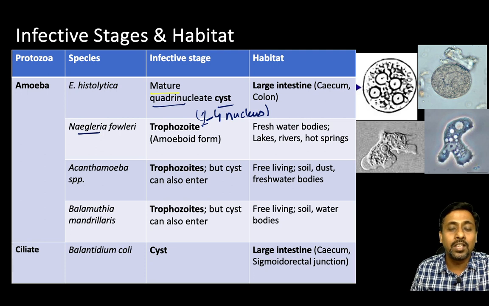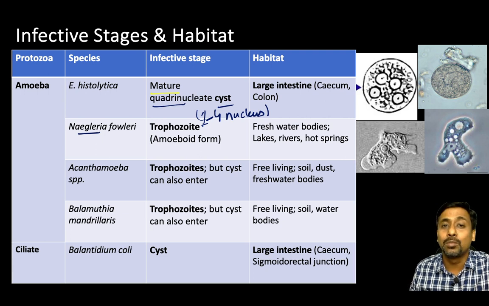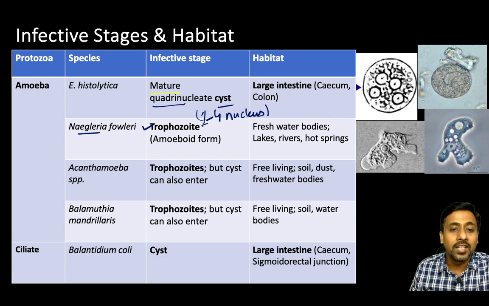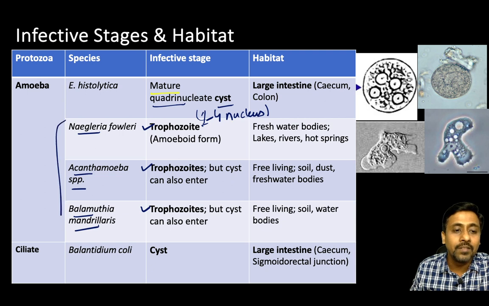That is why the infective stage is not the cyst. Now the infective stage is the trophozoite because it is a motile stage. To cause infection of the CNS, the infective stage should be motile. So the trophozoite is the infective stage in Naegleria fowleri, Acanthamoeba, and Balamuthia, because all three of these free living amoebae cause infection of the CNS.